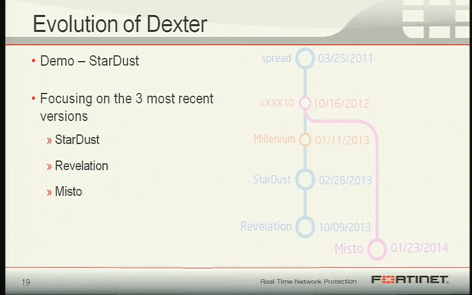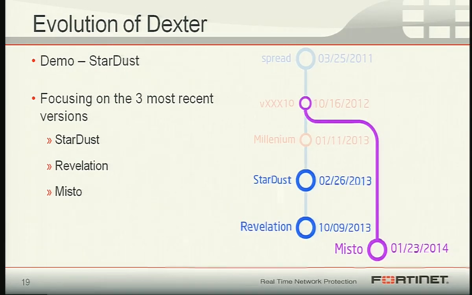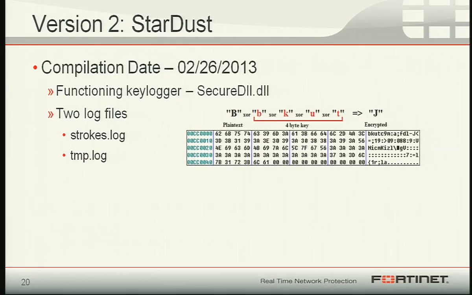So what we just saw in the live demo was the second version of Dexter, or Stardust. Because of timing, we're only going to be focusing on the 3 most recent versions: Stardust, Revelation, and Mitsto. Getting right into Stardust. With a compilation date of February 2013, it's the first version with a functioning keylogger.